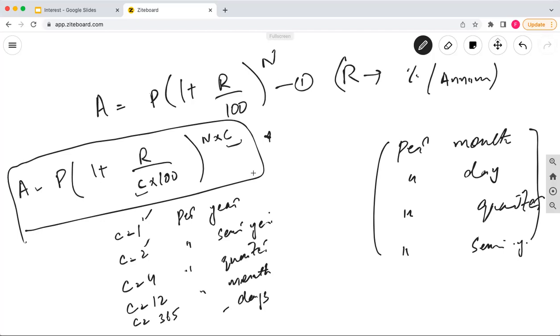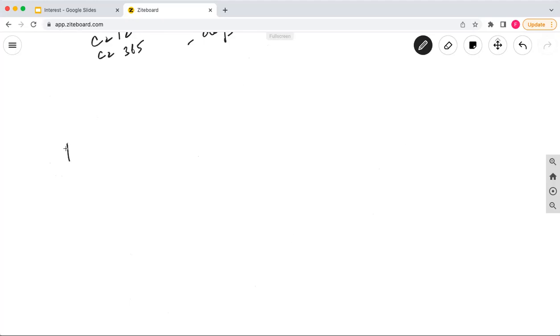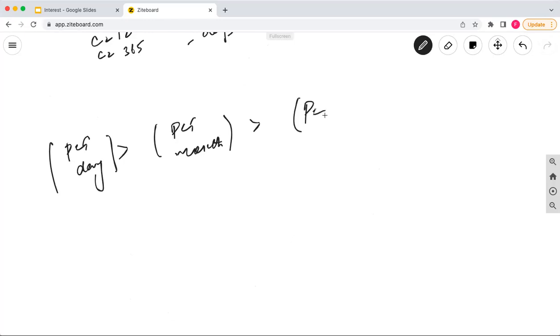And remember one thing, as this is a power, increasing the power actually increases the values. When you are compounding per day, the final value is always greater than compounding per month, which is greater than compounding per quarter of year, which is greater than compounding per semi-year, which is at last greater than compounding per year.